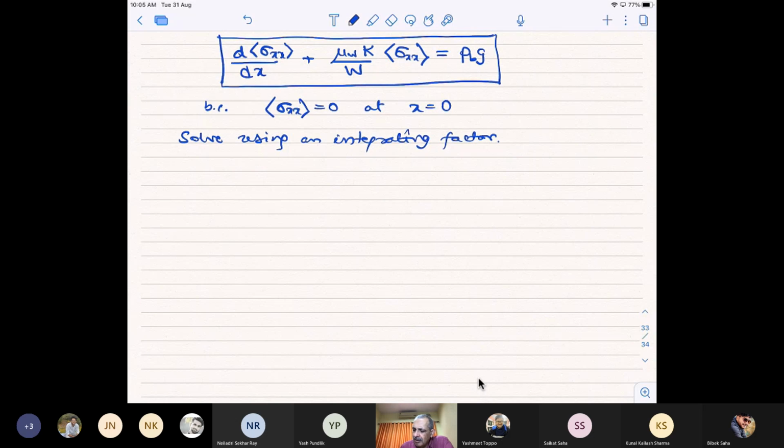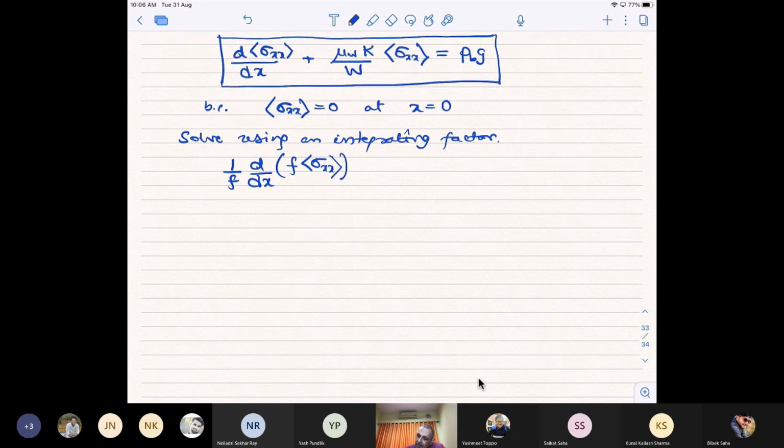The basic idea in this approach is that instead of sigma xx, you use some function f times sigma xx, such that when you open it out on the left hand side, you'll get two terms. I want to combine these two terms into one, of this form: 1 by f d by dx of f into sigma xx.